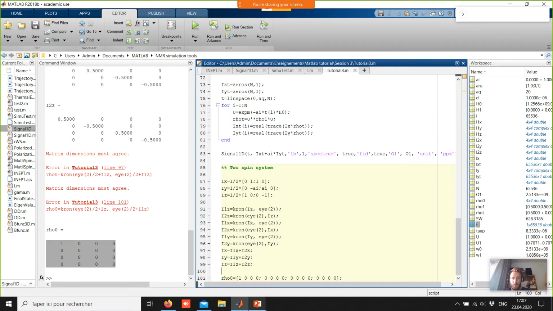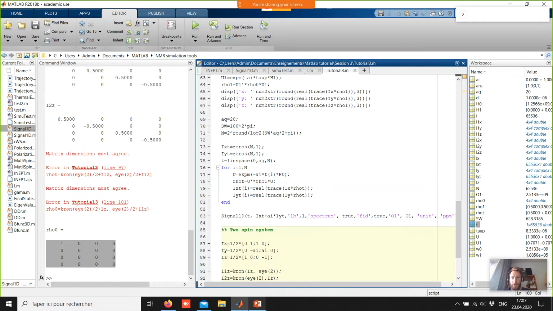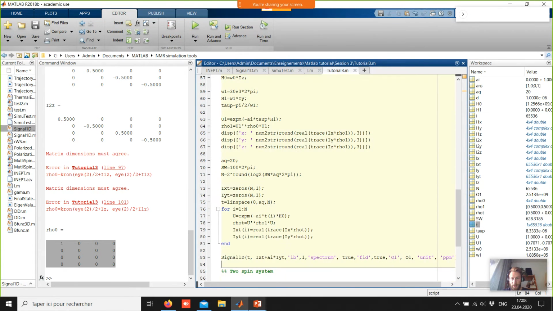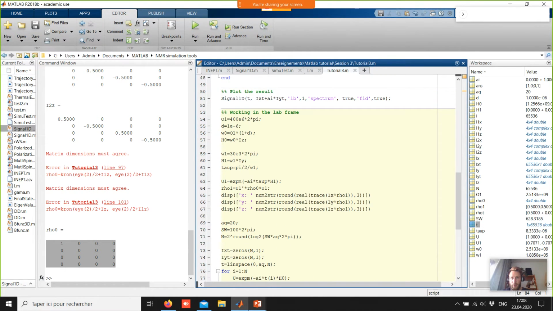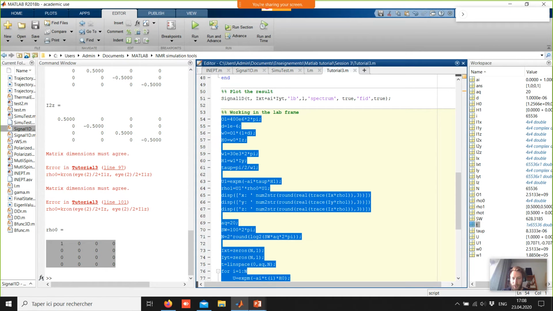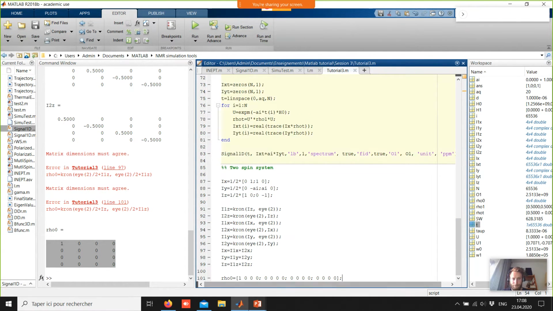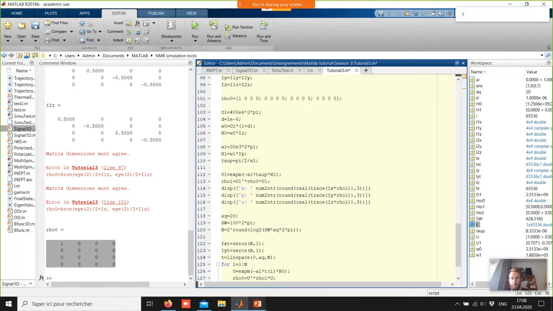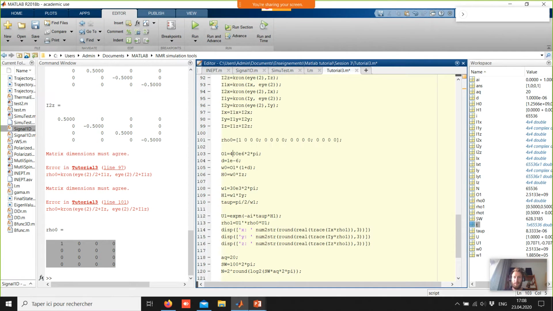Now we can do the same work we have done earlier, but for our two spins. So I'm simply going to copy the whole code and modify only what I need to modify. So let's assume that we are at 400 megahertz, and we define two frequencies.